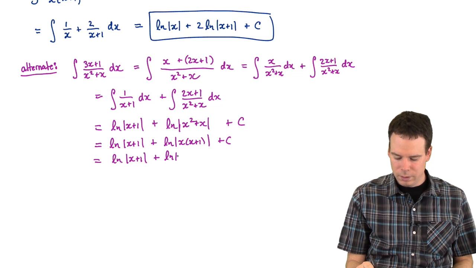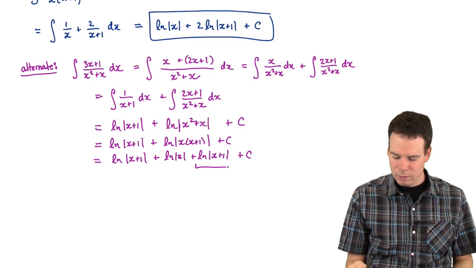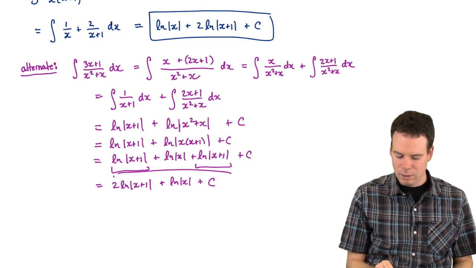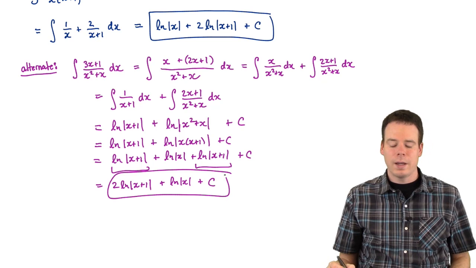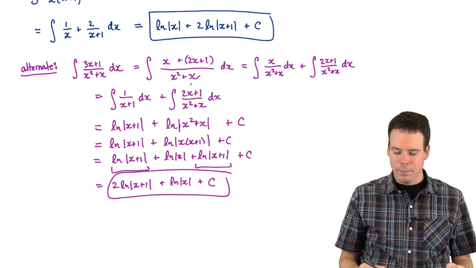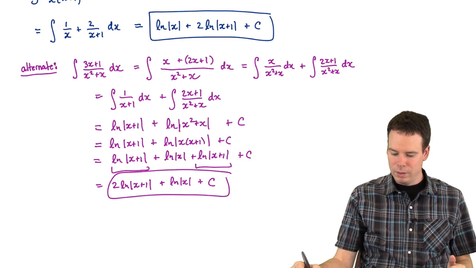So that's ln of x plus ln of x plus 1. Now I've got two of these ln of x plus 1s, plus an ln of x plus c. And that's our answer that we had written above. So again, an alternate way to look at it, and we end up with the same result.